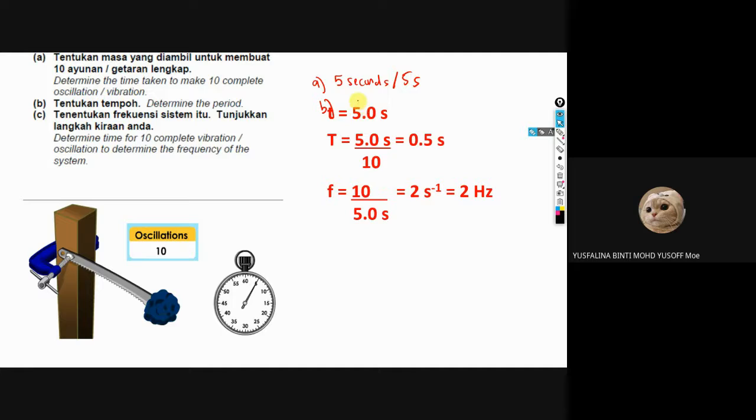For the frequency, you can just use the formula f equals 1 over T. So 1 divided by 0.5, you will get 2 hertz. That is for the frequency. You can just use the formula as long as you know the period.